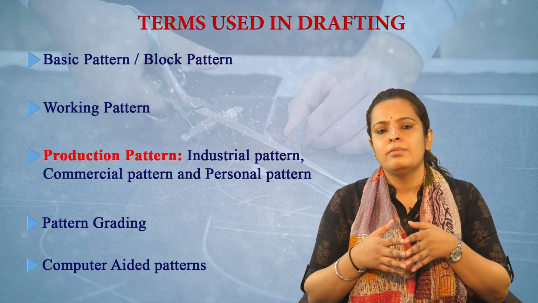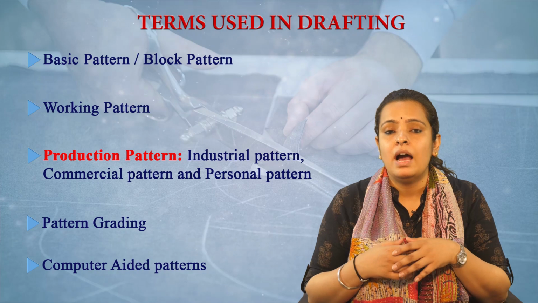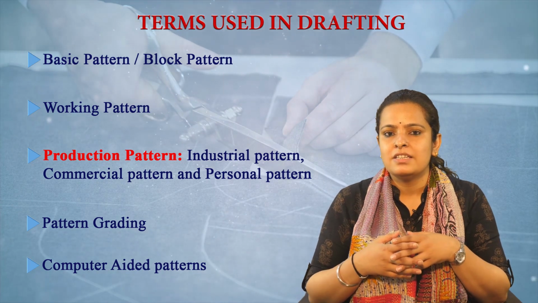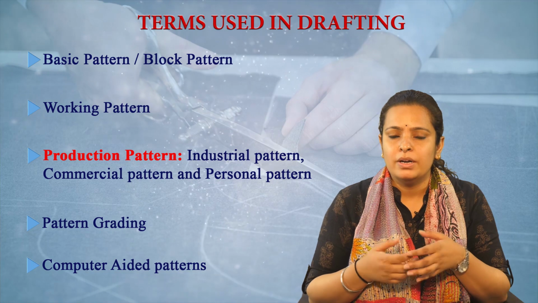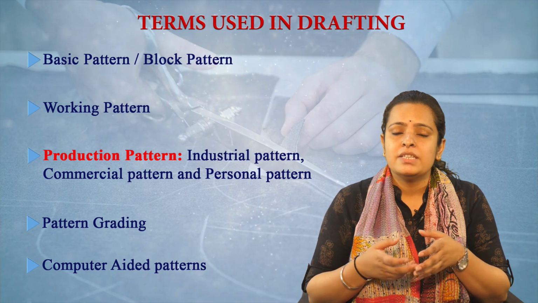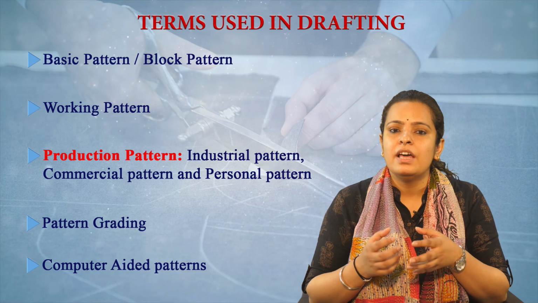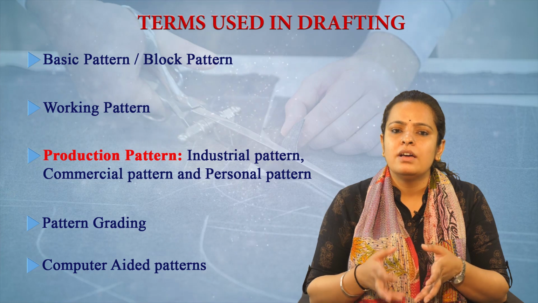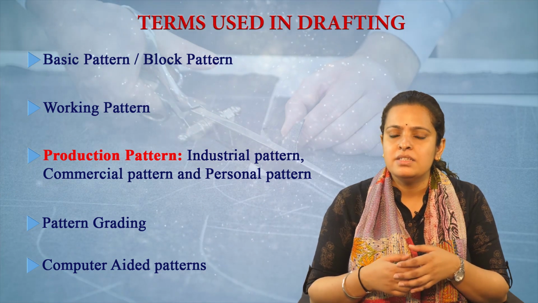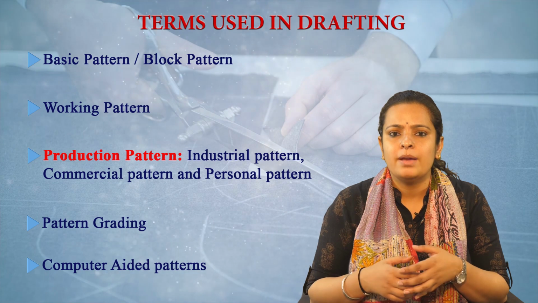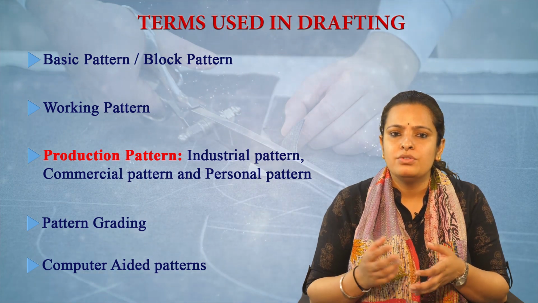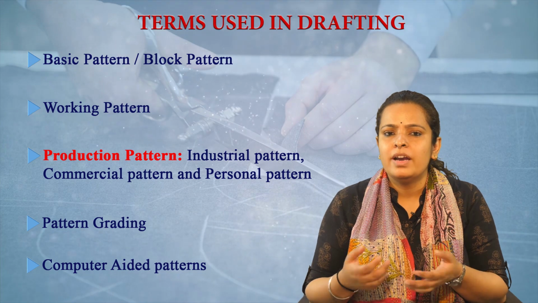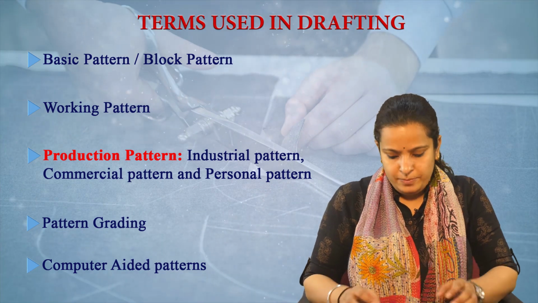When you go for pattern making, and as you will see when we discuss the steps involved in the construction of basic blocks of the body or the sleeve, there are lots of calculations and manipulation of numbers. So software like computer aided patterns decreases our time and pressure for converting all the measurements in an easy way. So this was about the terms we generally use.